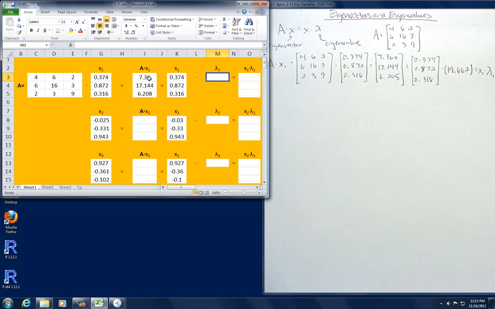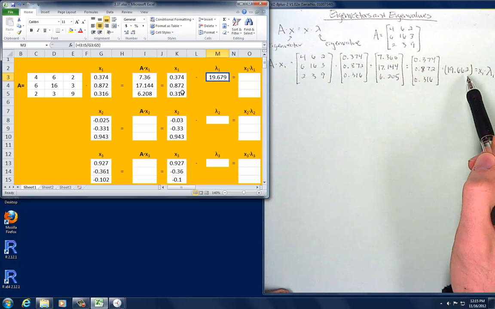At least I'll demonstrate with these simple vectors. So lambda is going to be a constant, and we can get that by making it equal to this A times x sub 1 matrix divided by the x sub 1 matrix. Control Shift Return, and we do get 19.679, which is close to what we have over here, which is in your text.